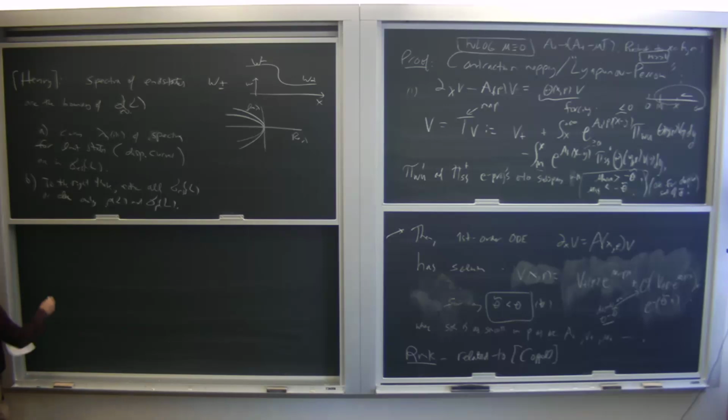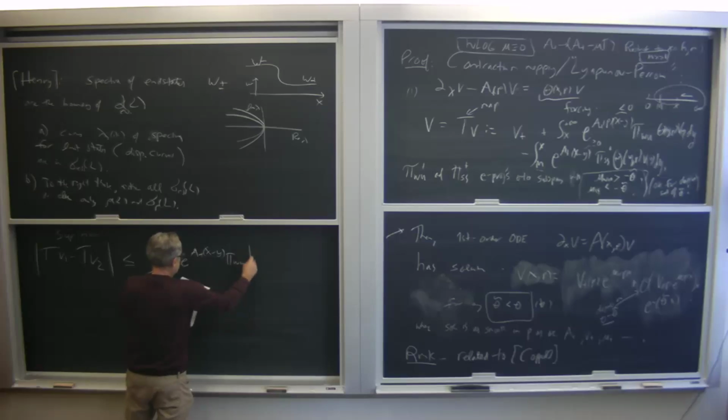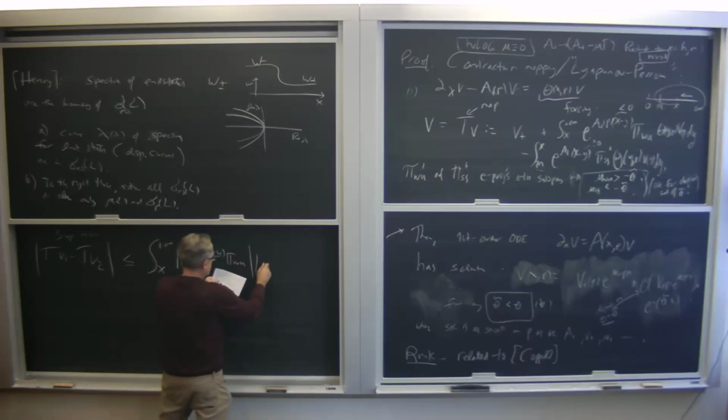Now we want to prove contraction. So we look at T V1 minus T V2 and take the sup norm. Contraction is what we're going to get. So this is less than or equal to the integral from x to plus infinity of e to the A plus (x minus y), projection onto the weakly unstable part, times theta of y dy.